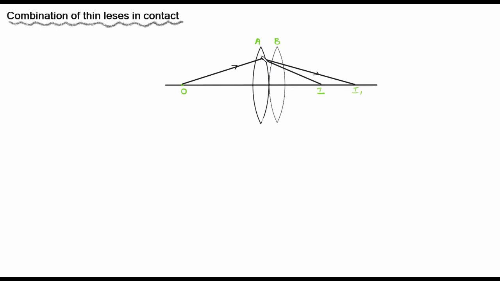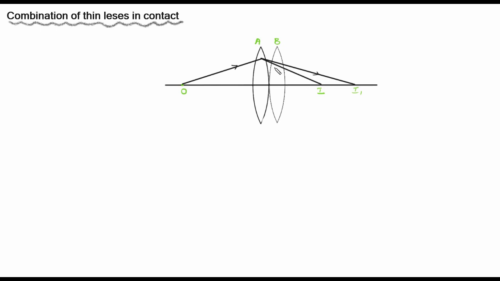Since convex lenses have the capacity to converge light, this is the result of converged light. When the light goes through this convex lens once again, all the more light will get converged and it will bend towards the lenses.